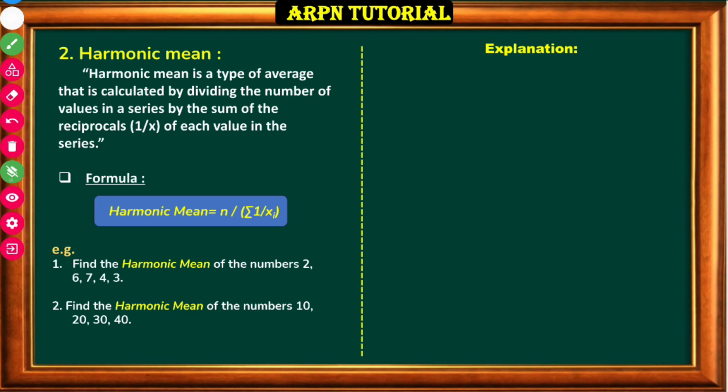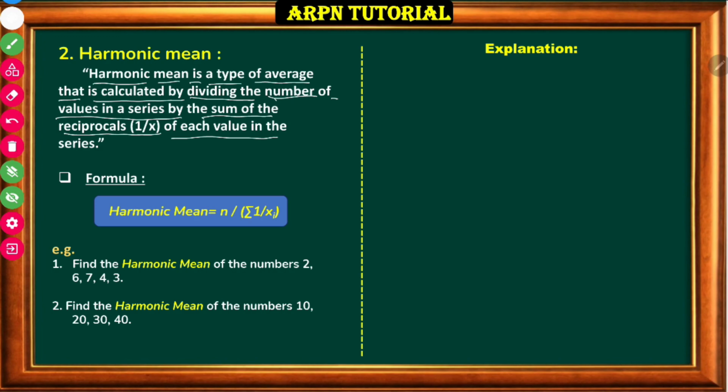Let's start with the second one, that is the harmonic mean. So let's see the definition first. The harmonic mean is a type of average that is calculated by dividing the number of values in the series by the sum of the reciprocals, 1 upon x, of each of the values in the series.